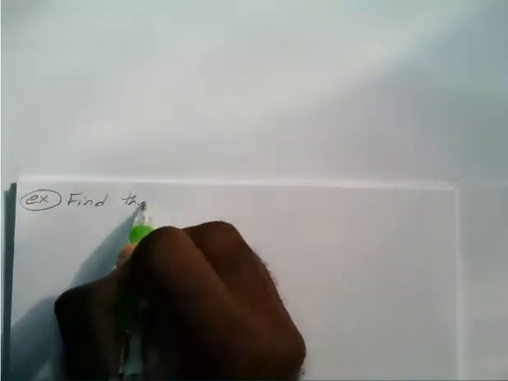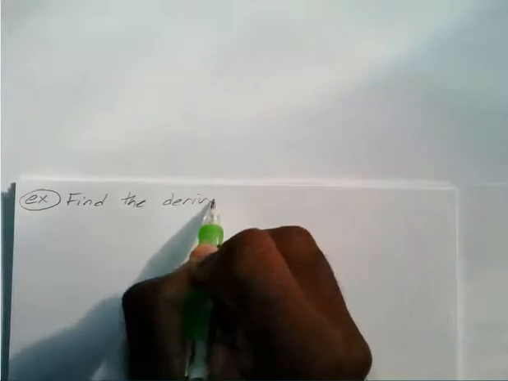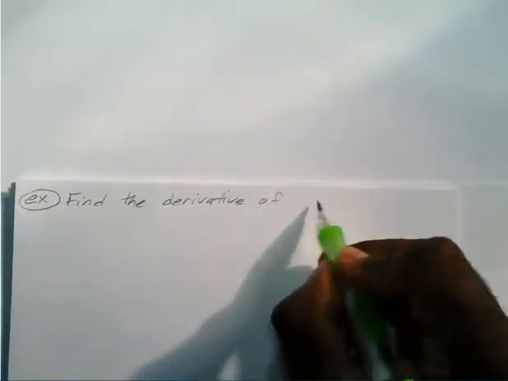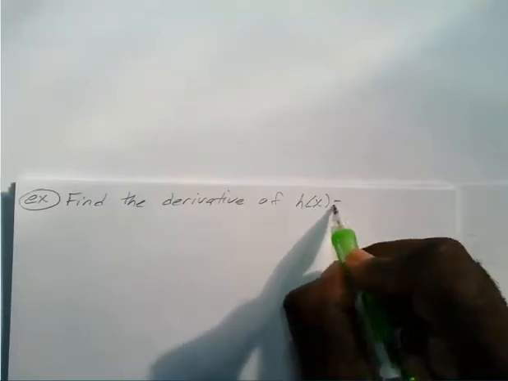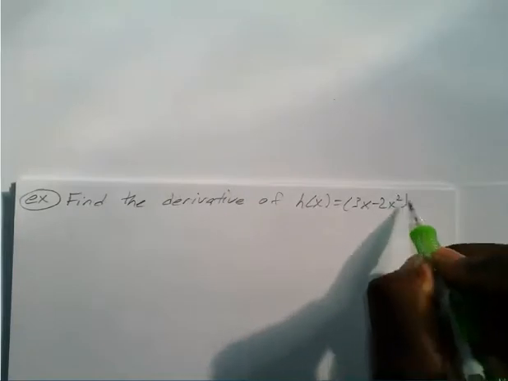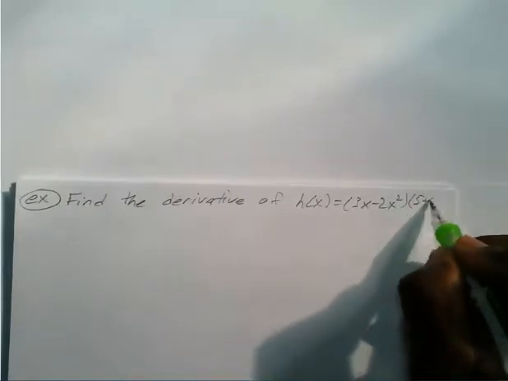Okay, so let's say we want to find the derivative of h of x is equal to 3x minus 2x squared times 5 plus 4x.